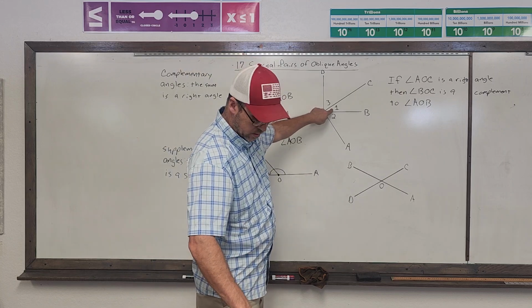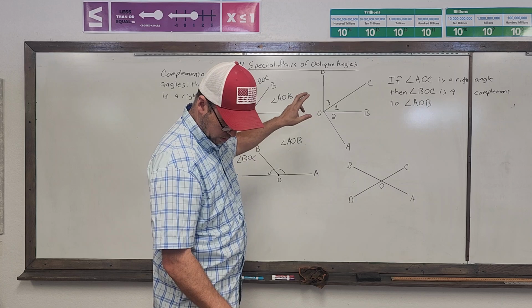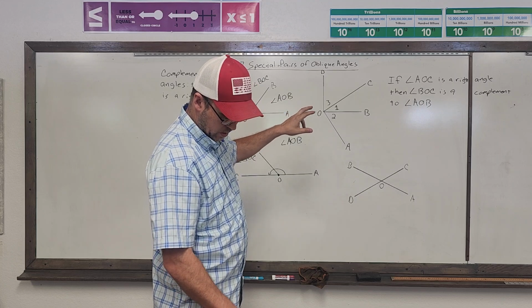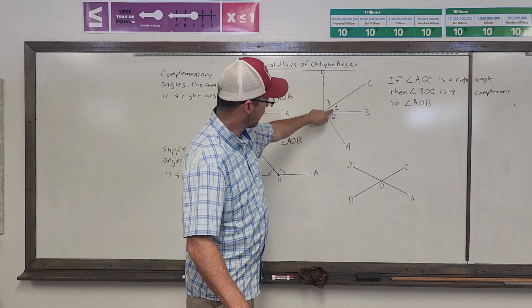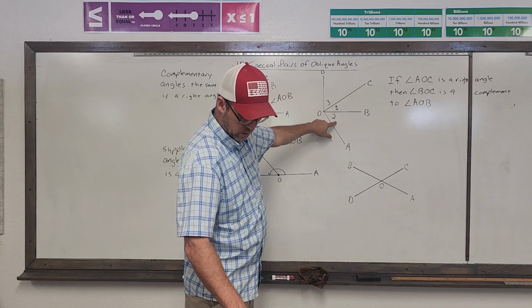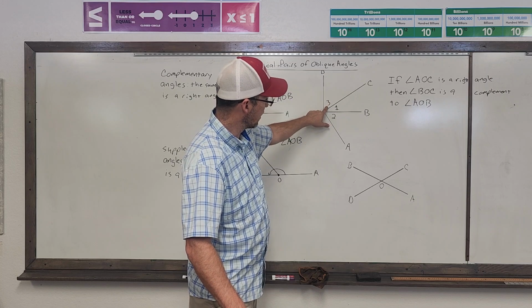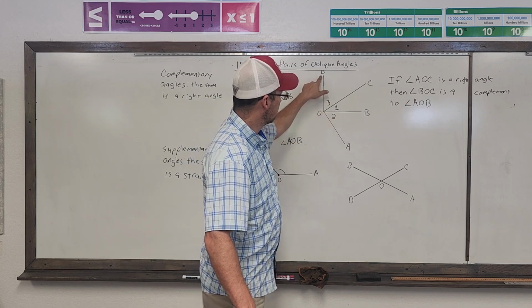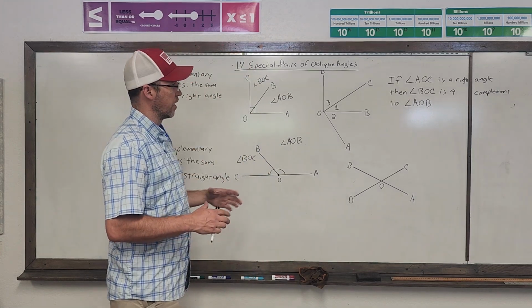And similarly, if AOC is a right angle, then angle 1 would be the complement of angle 2, and also it would be the complement to angle 3 if BOD is a right angle. So that's why that little box means so much.